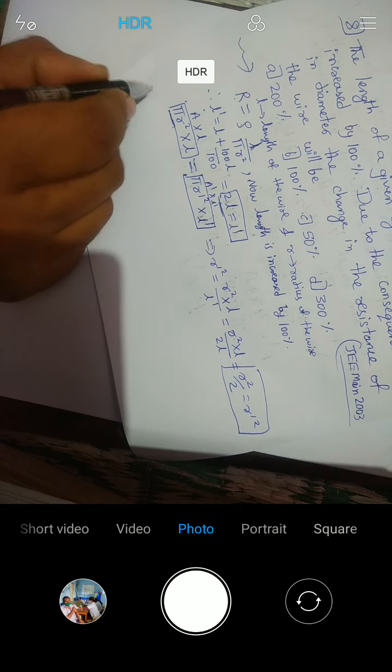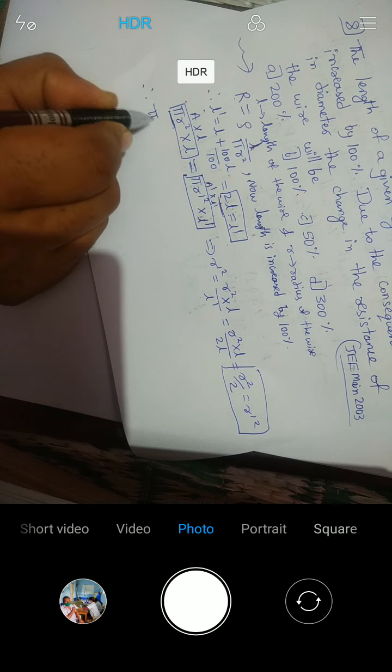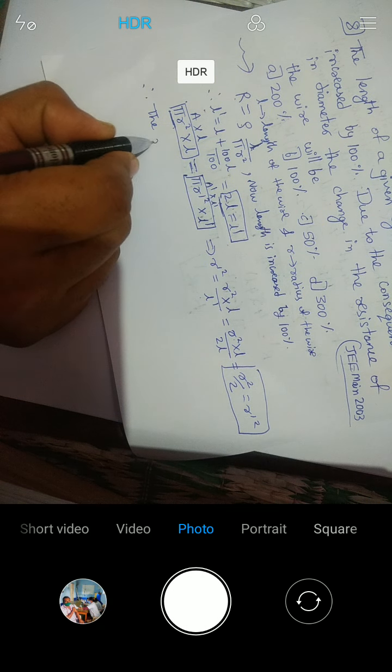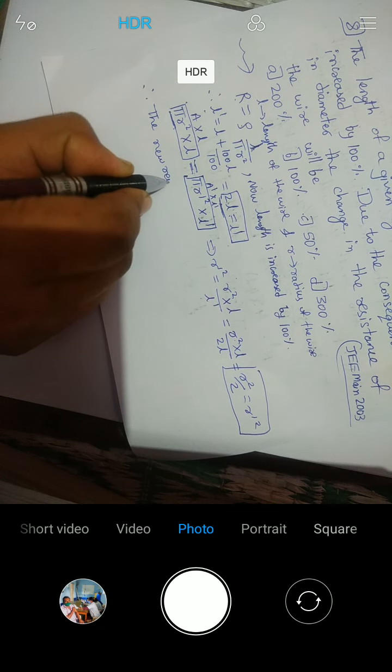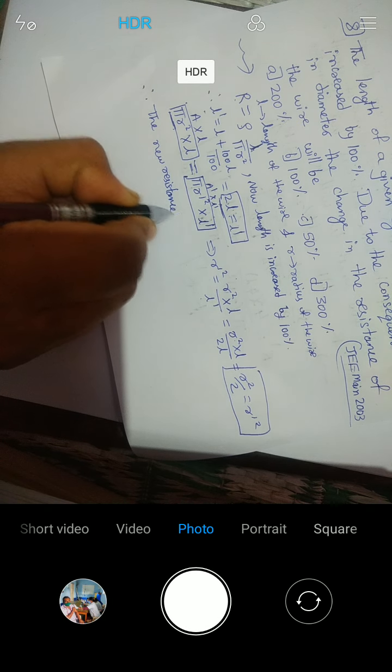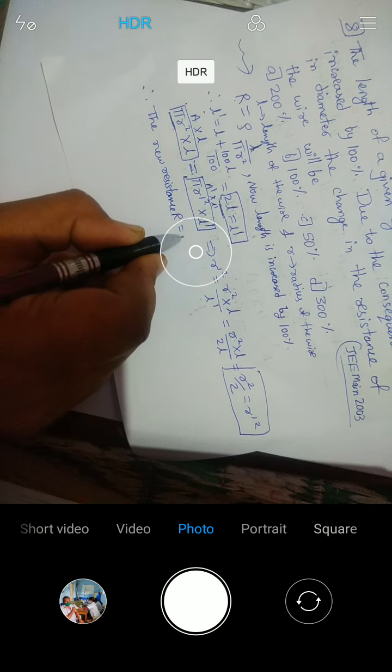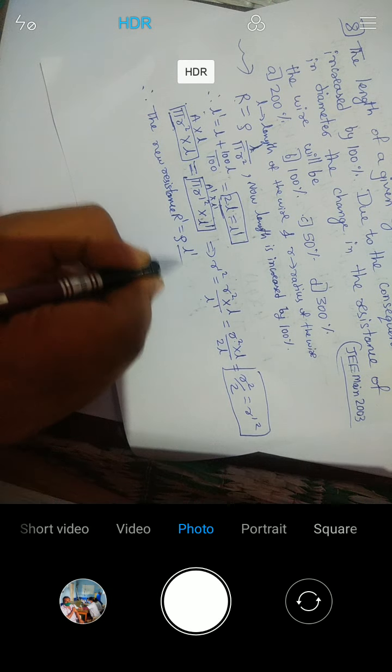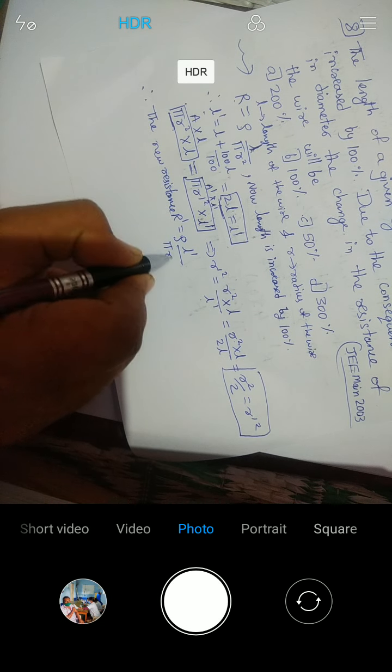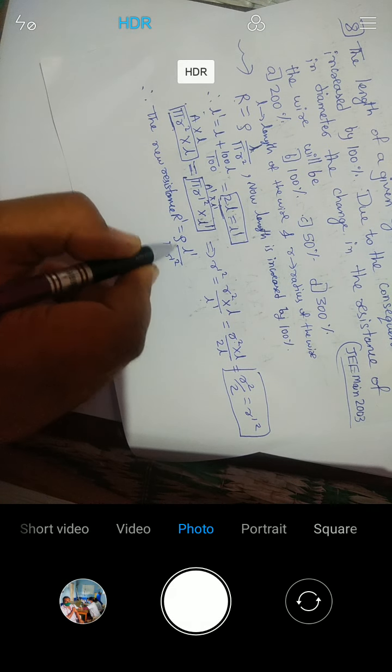Then therefore the new resistance R dash equals rho L dash divided by pi r dash square. Resistance R is equal to rho L by A. So R dash is equal to rho L dash divided by pi r dash square.